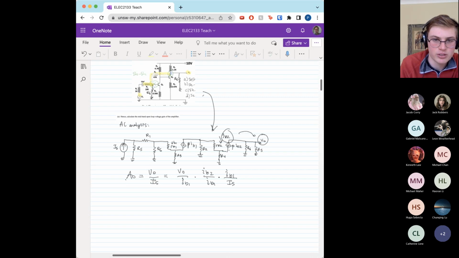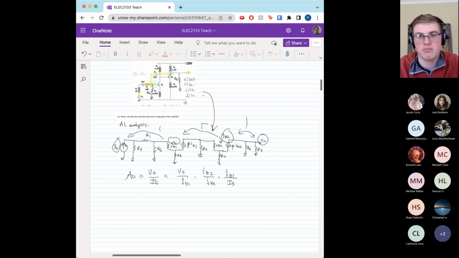I'm getting the ratio of those two. Then I'm jumping across to here, then jumping back to IS. This jump times this jump times this jump takes me from V0 all the way back to IS. Simple fractions, but intuitively it's a much more manageable chunk, I guess.